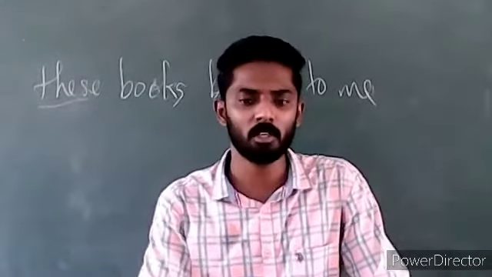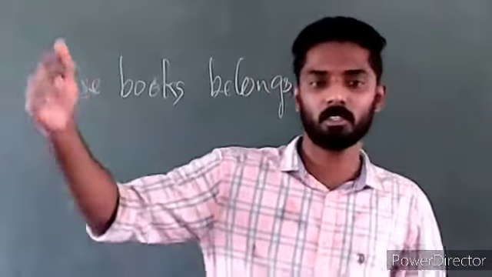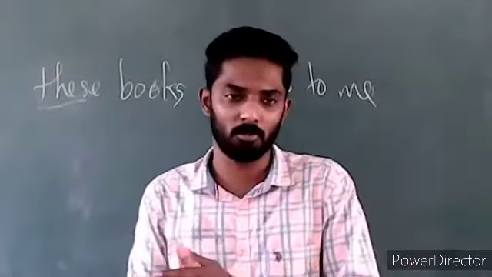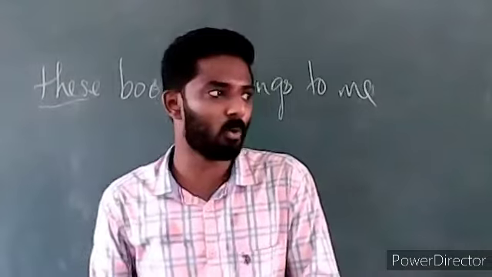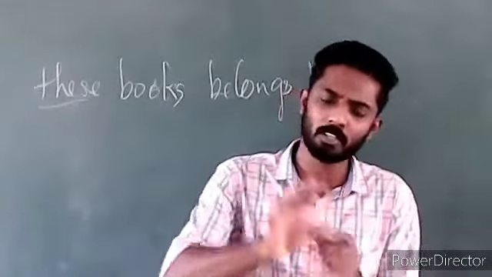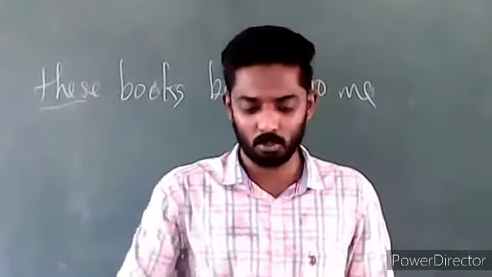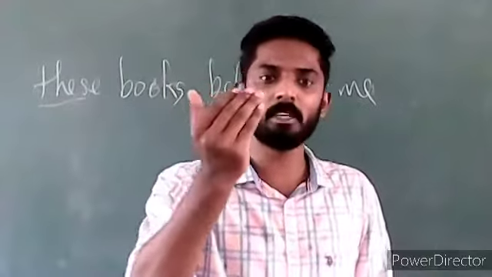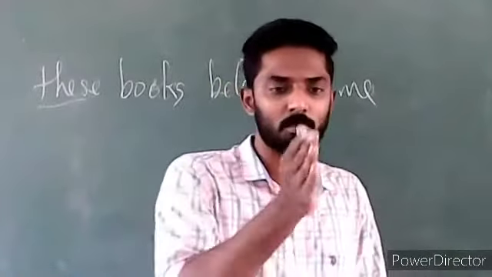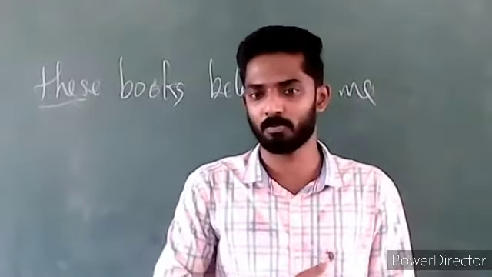In the same way, we have first, second, third, fourth, fifth, sixth, seventh, eighth, 20th, 30th, 40th, 50th. All these are ordinal numbers, and they are also used as determiners in the sentence. You just find out whether these words are used just before the noun or not. Obviously, it is just before the noun. Okay.